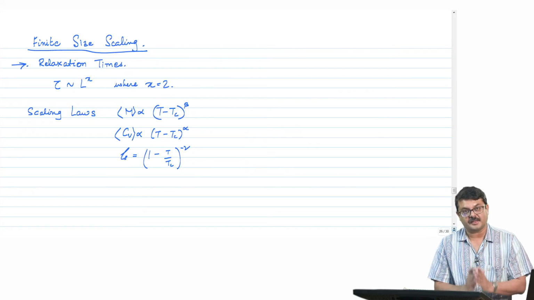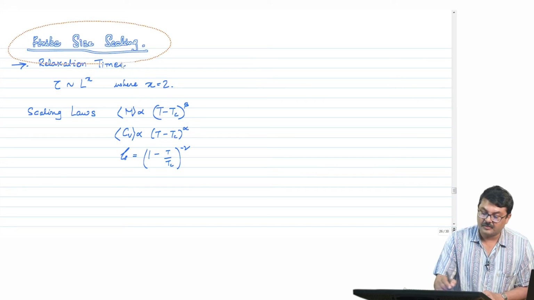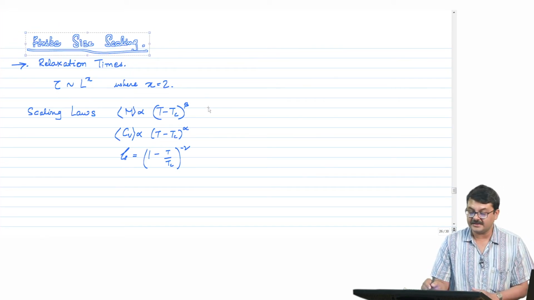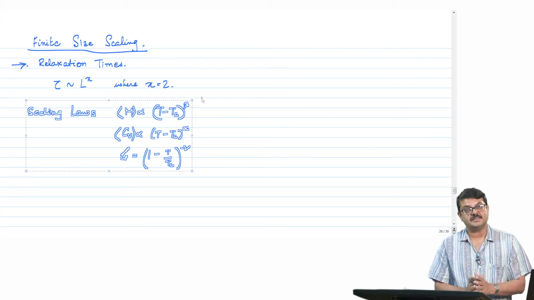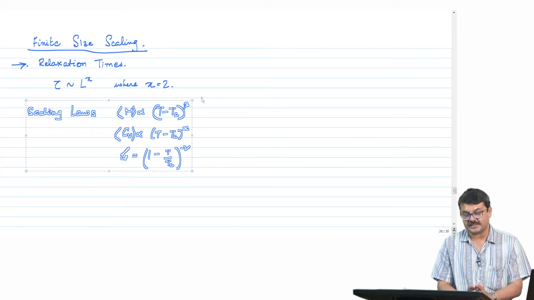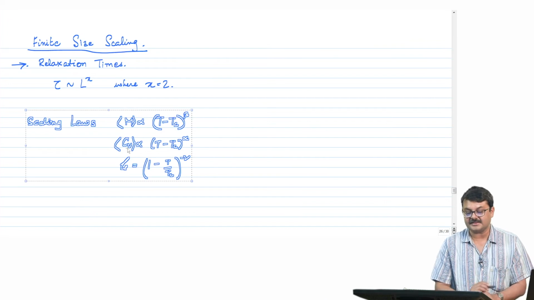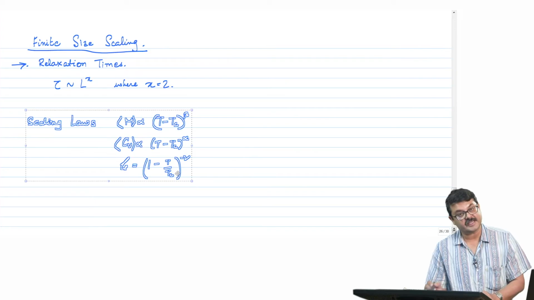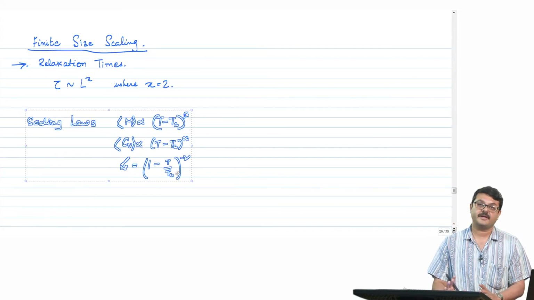So, we will be stopping within the next 10 minutes, but if you wanted to know more, there is the entire phenomenon of finite size scaling, there are the scaling laws, there is critical phenomena. Even in the Ising model, as you go close to the critical temperature, various quantities such as the magnetization, the CV, the correlation length show certain scaling laws, and that is within the realm of critical phenomena.